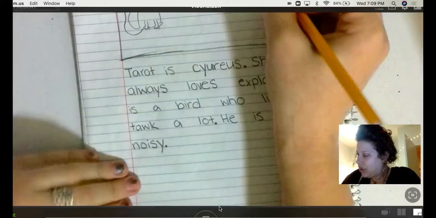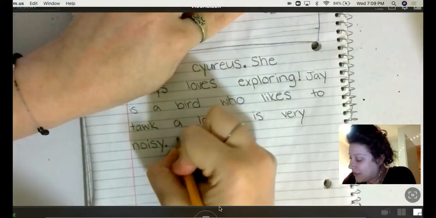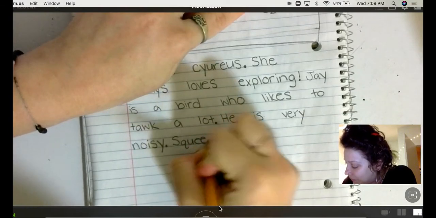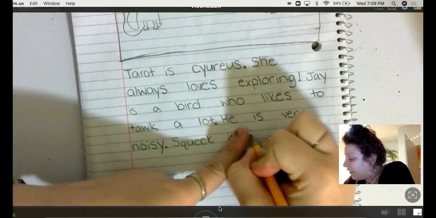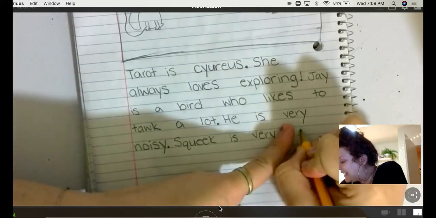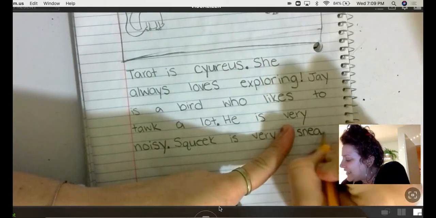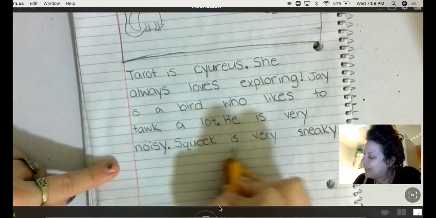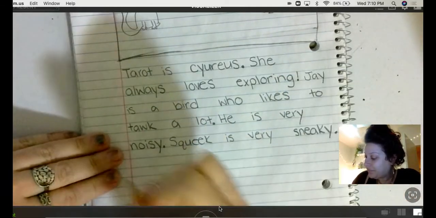It's a new sentence, so I'm going to begin with an uppercase, and I'm just copying Squeak. Squeak is very sneaky. E, long E, sneak, E-Y at the end of a word. Squeak is very sneaky, period.